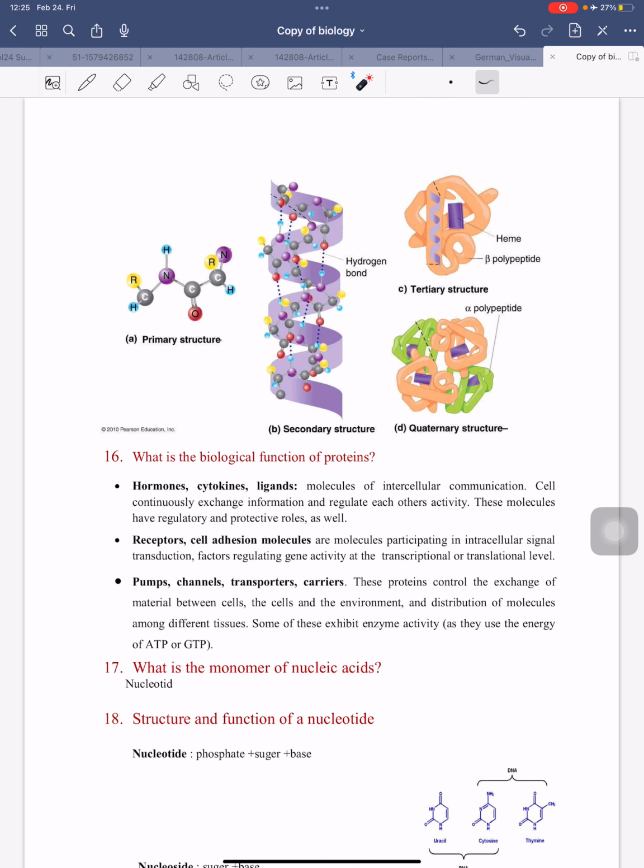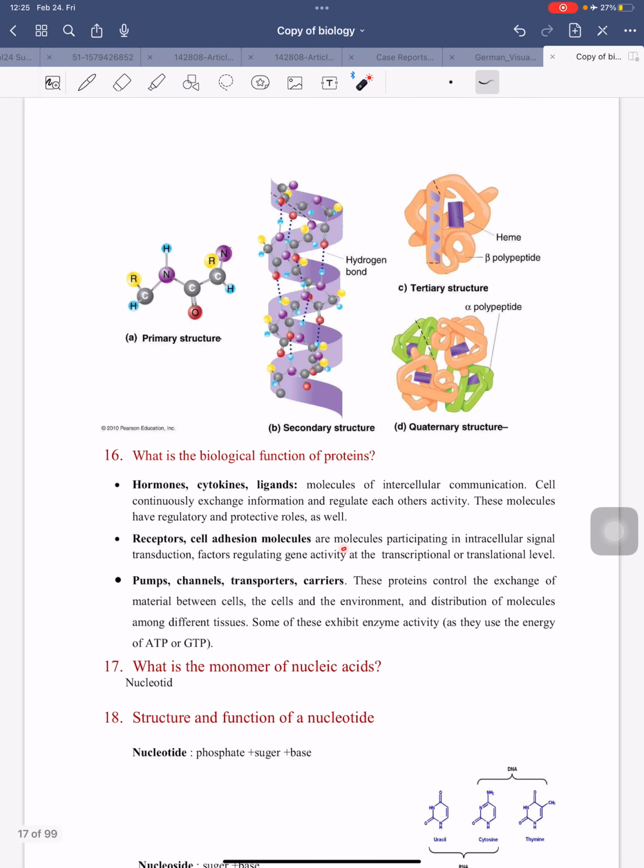Receptor and cell adhesion proteins are very important participants in intracellular signaling, transduction, and also regulation of genes, and also communication between cells. And we have channels and pumps for passing material through the membrane. For example, pumps do active transport from low concentration to high concentration.